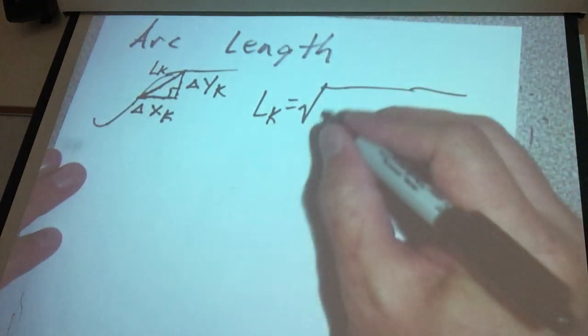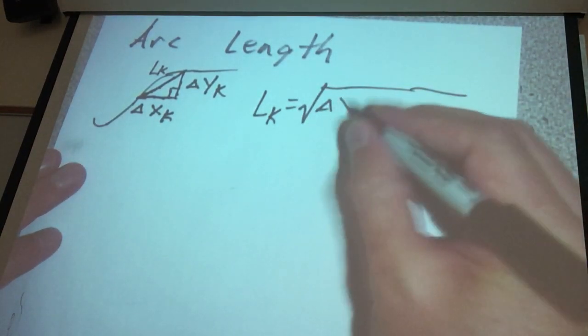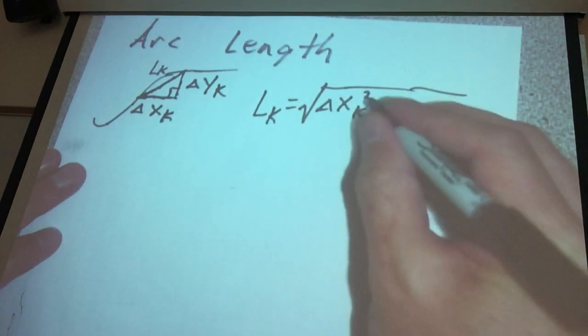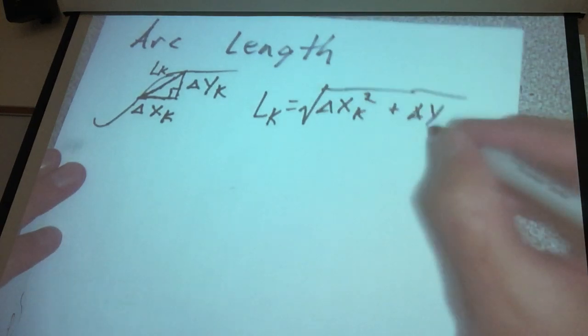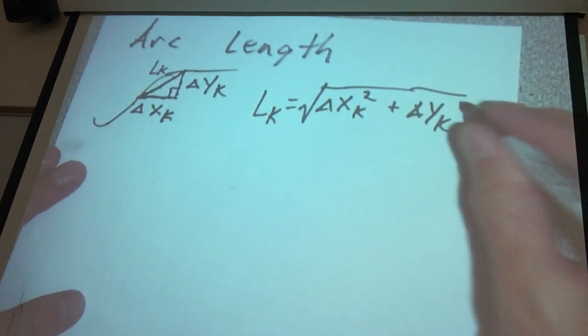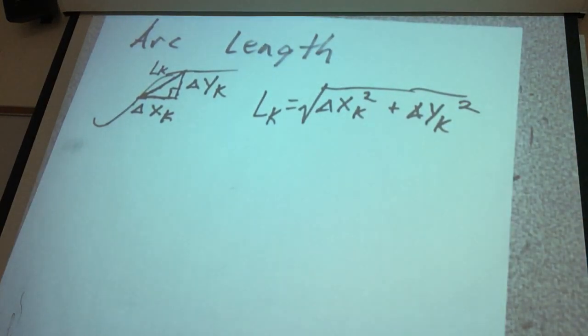Now this is going to be delta x sub k squared plus delta y sub k squared. All right, so it's just the Pythagorean theorem.